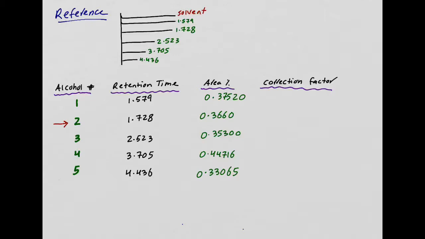Then the way to figure out the correction factor, you are going to divide the area percent for peak 2 over the area percent for each alcohol.